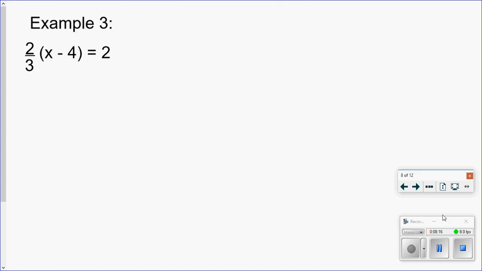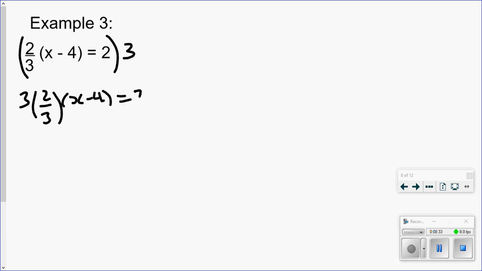Slightly different scenario, but the same thing. We have 2/3, so our only denominator is a third. Now notice the 3 gets multiplied once.